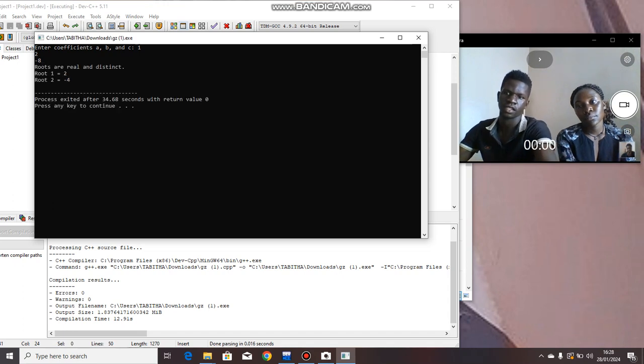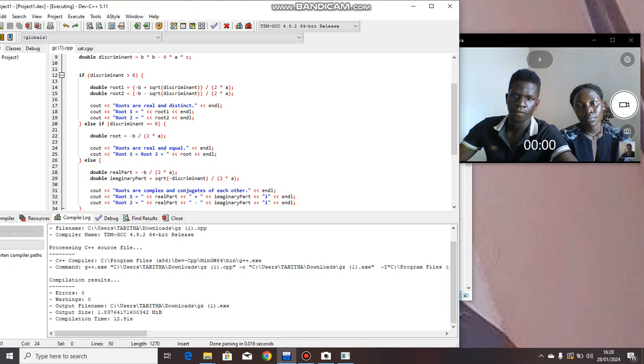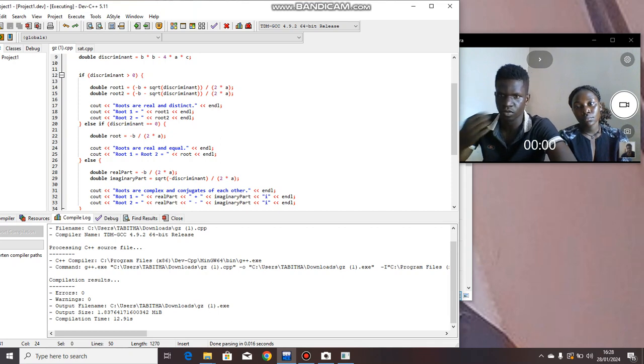As you can see, we are seeing the roots are real and distinct. You can go back in our formula and see that the roots are real and distinct. It's given by negative b plus the square root of the discriminant, which is b squared minus 4ac, over 2a, and the other one is got by the minus.